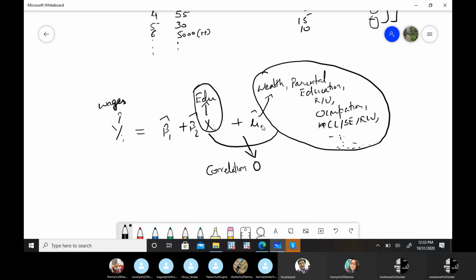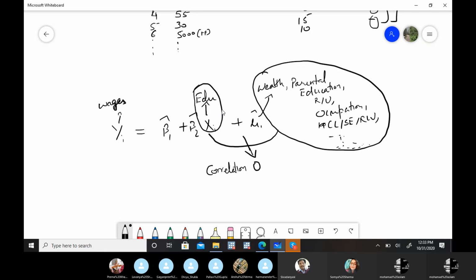Is it true that these variables are not related with your independent variable? Just think about it. Now, I have just taken this hypothetical example. The situation will differ.